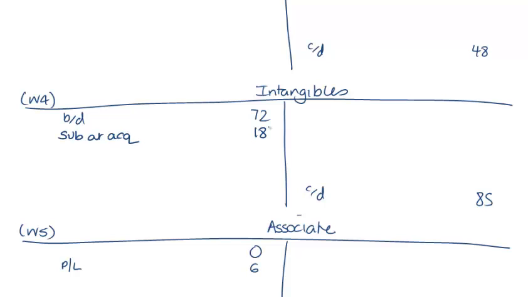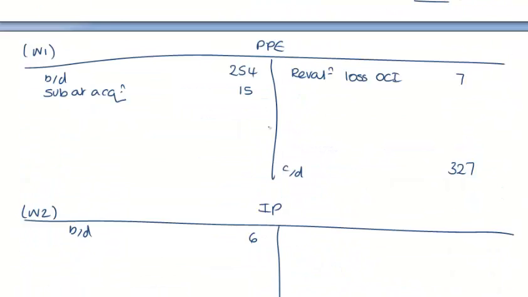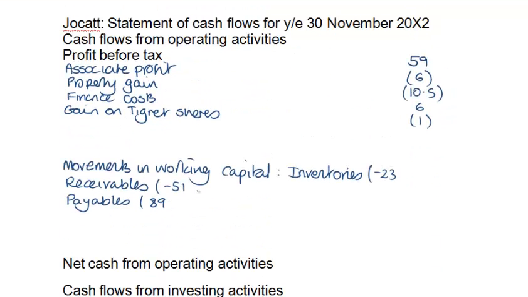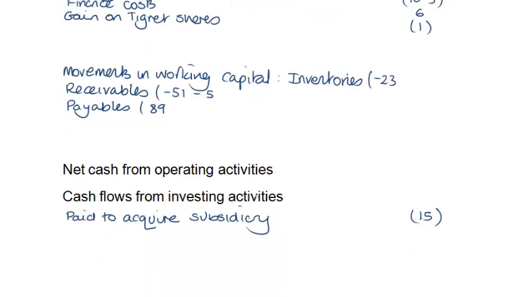We've then got 5 in receivables, so go up to receivables, and I'm going to reduce that by a further 5 in respect of the subsidiary. And we've then got cash of 7, so we go to our investing activities, cash of subsidiary at acquisition is 7. So the net cost of buying the subsidiary, it's cost us 8 million.